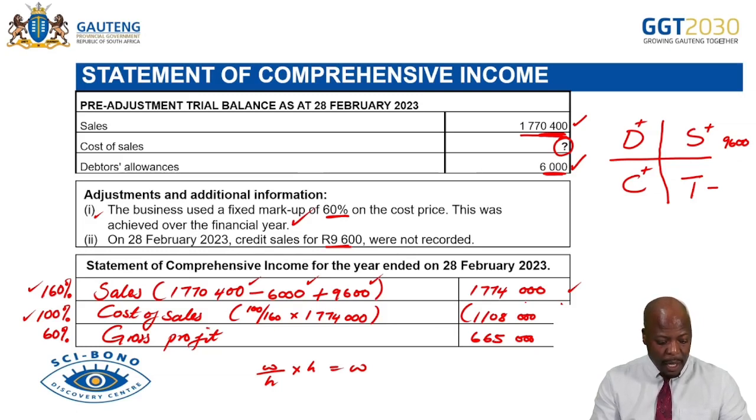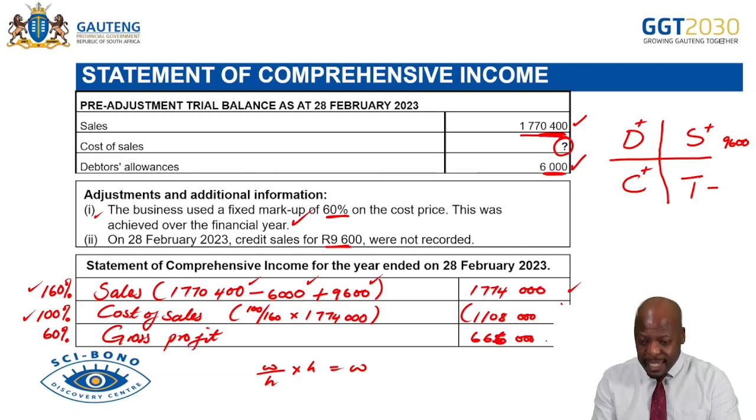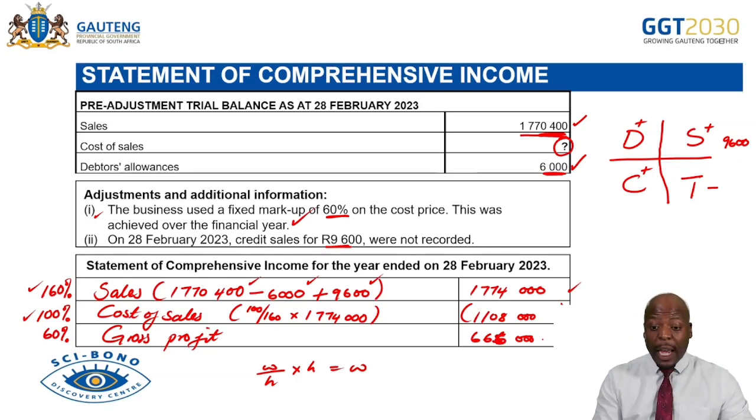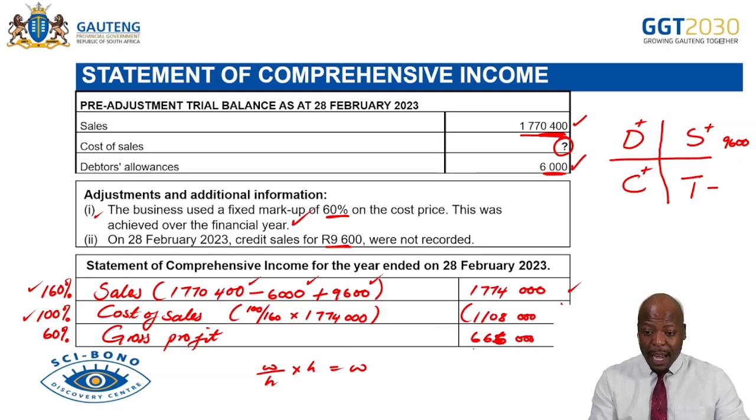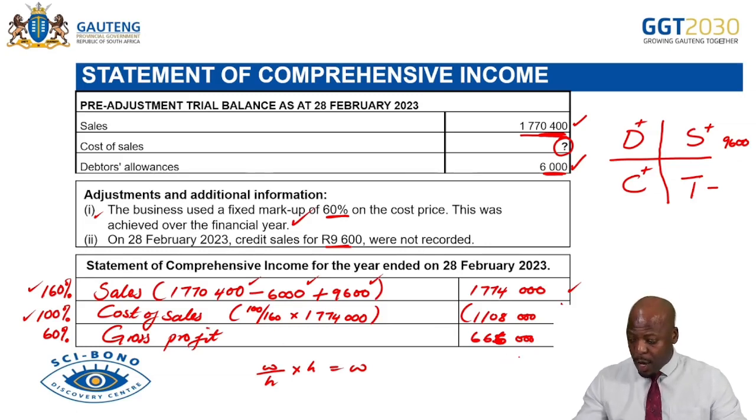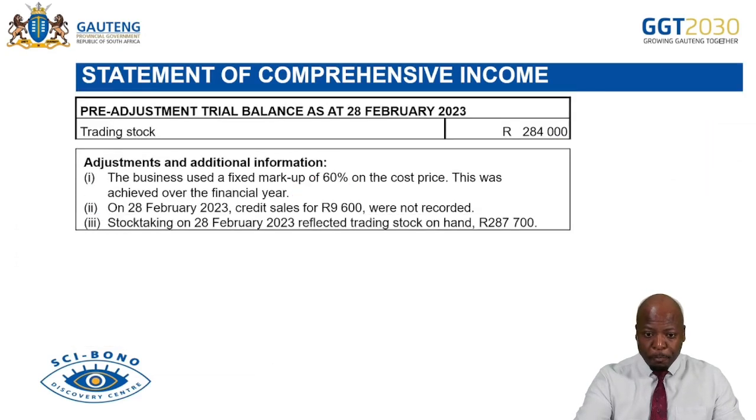How much do you get? Okay, someone is saying it's 666,000. So yes, 666,000, not 665,000. Wonderful. Okay, so I'm going to move on now to the next aspect after I have got my gross profit. Thank you. Let's move on to the next aspect.